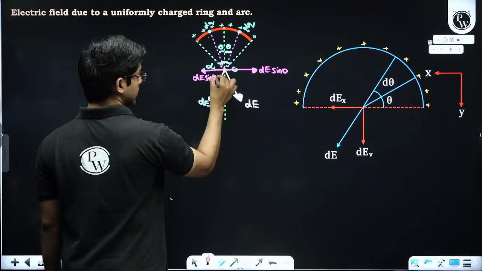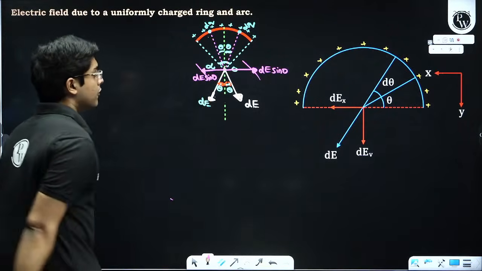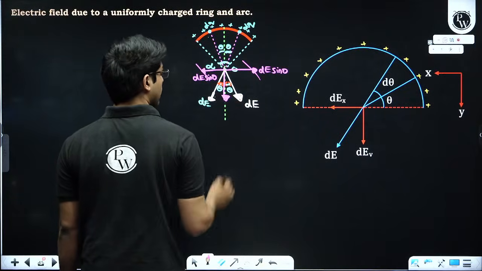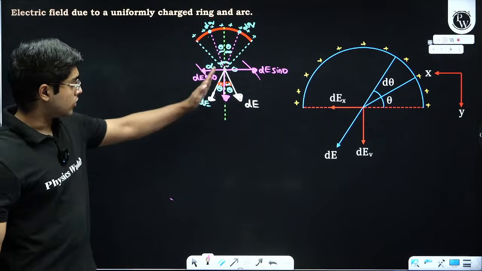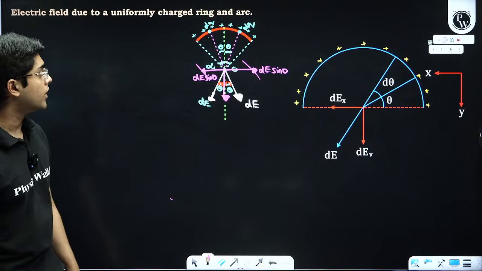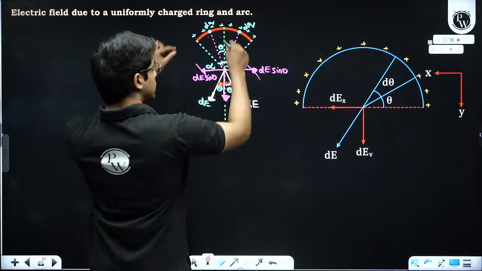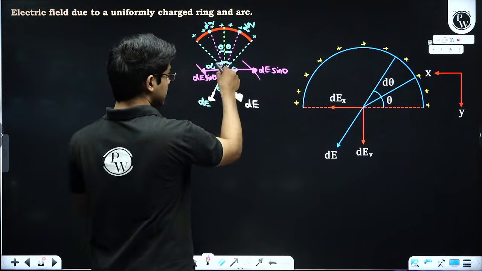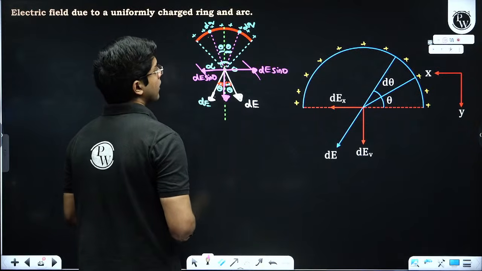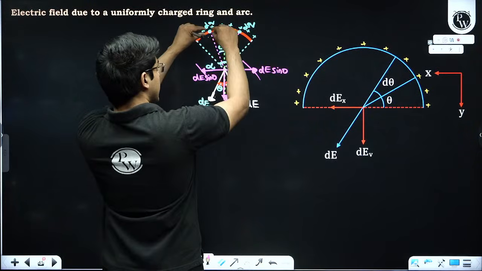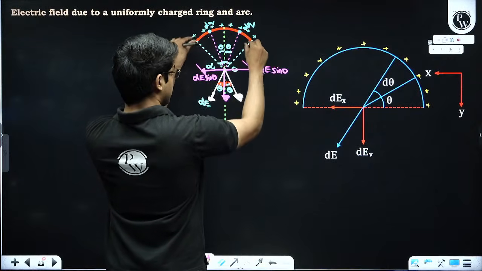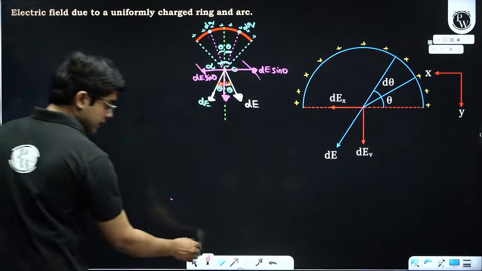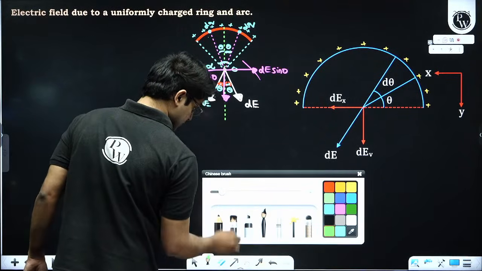So these two cancel each other out, and only the component dE cos theta along the green line survives. Which means if I take two dq on the arc, the net field comes out along the green line. Hence we can say that the field due to the whole arc will be along this green line itself. That is the logic I'll be using.